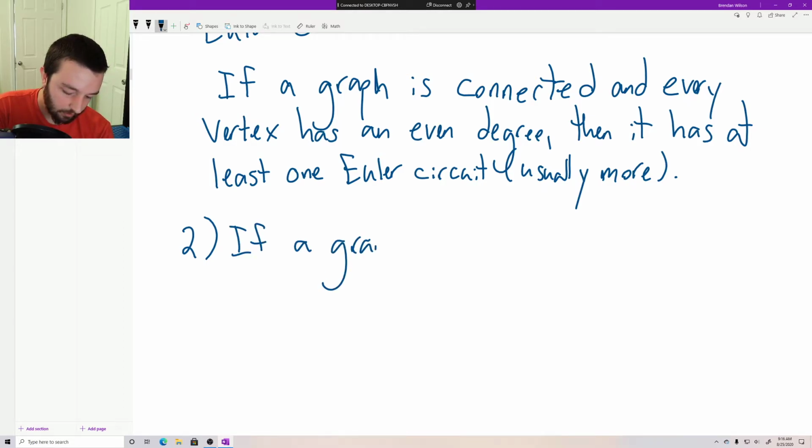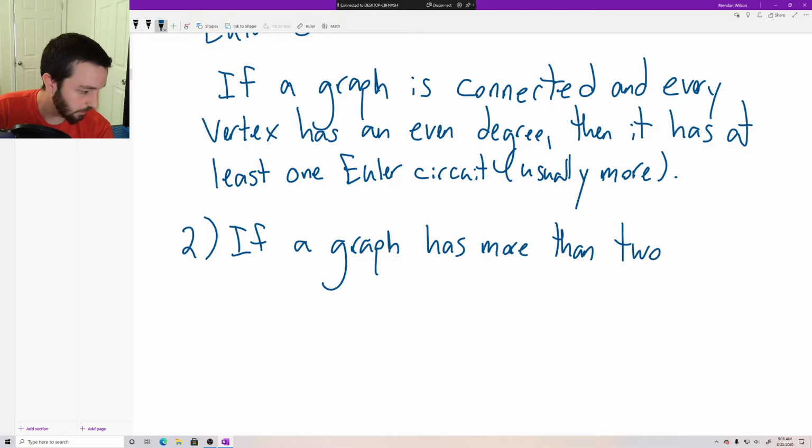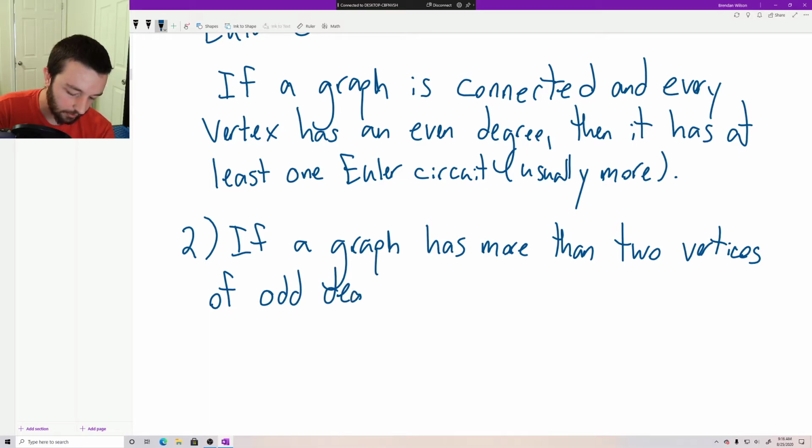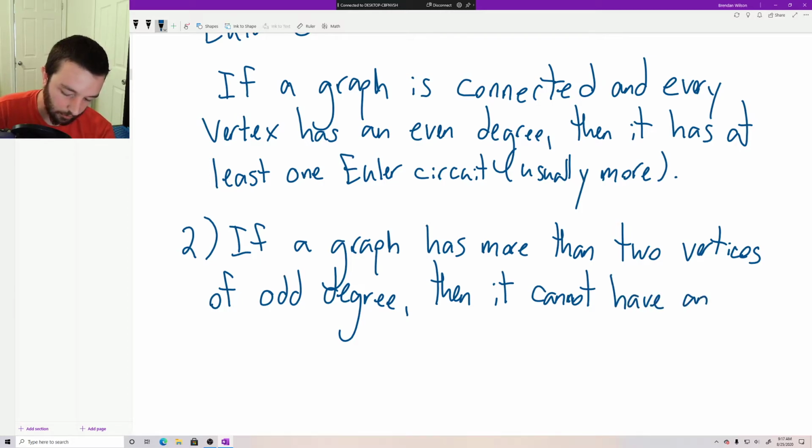If a graph has more than 2 vertices of odd degree, then it cannot have an Euler path.